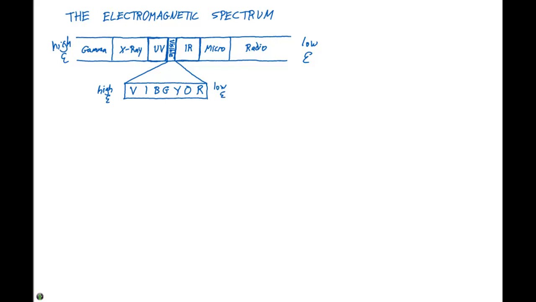So if we have a photon of red light, it has much lower energy than a photon of violet light, and I would expect you to be able to put all the visible wavelengths into the proper order based on energy.